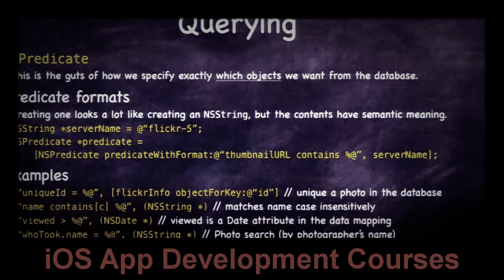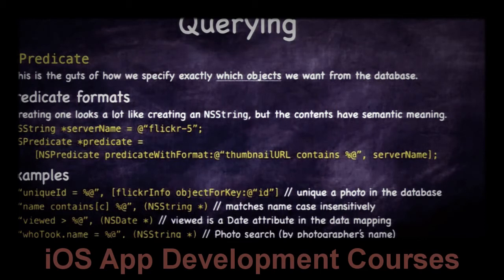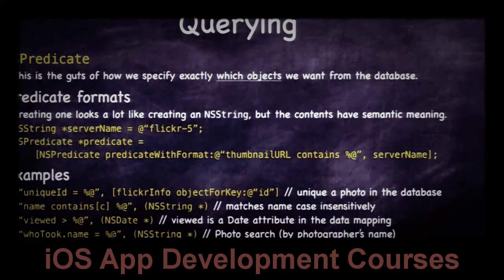So this would be a query or a predicate for searching in the Photo entities. So you're trying to get Photo entities, but you want Photo entities where the whoTook name is some photographer's name. So the things you're getting are photos, but the predicate you're using to find them is looking over at the photographer using dot notation. You understand this? Okay, you definitely need to understand this for your homework.